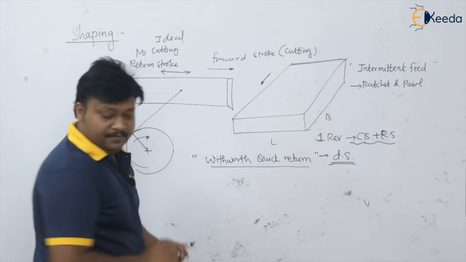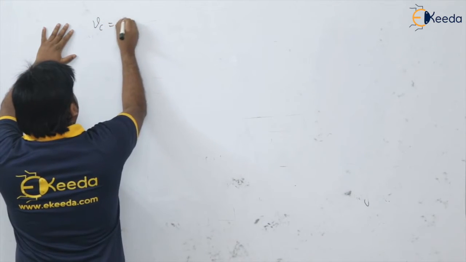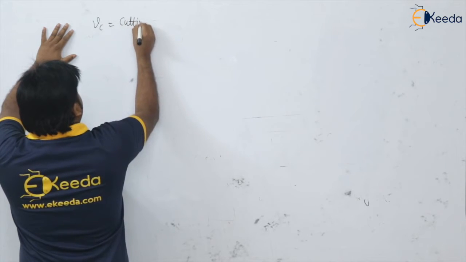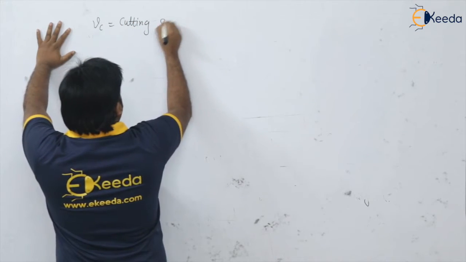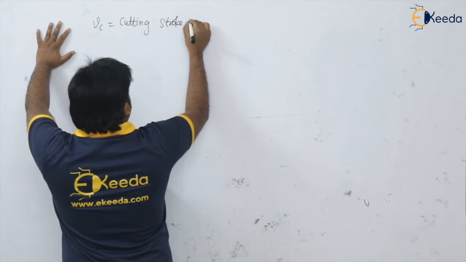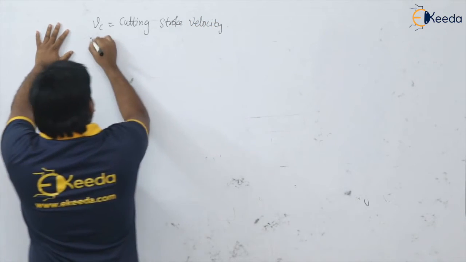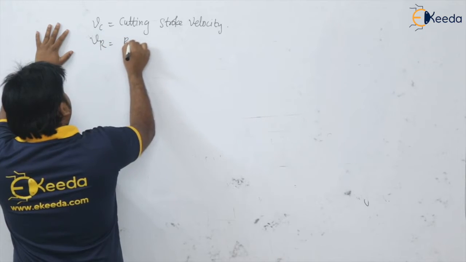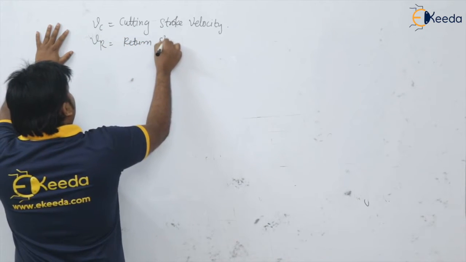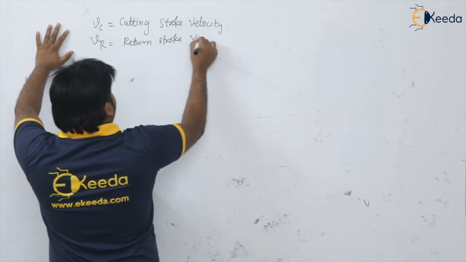Now say VC is our cutting stroke velocity or simply the cutting velocity, and VR is your return stroke velocity.